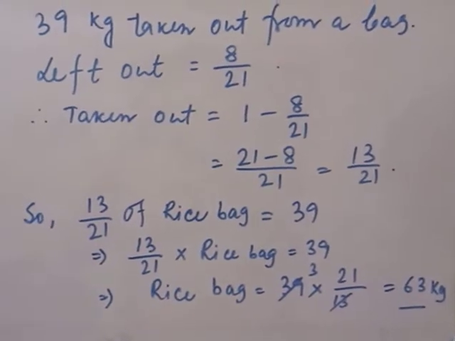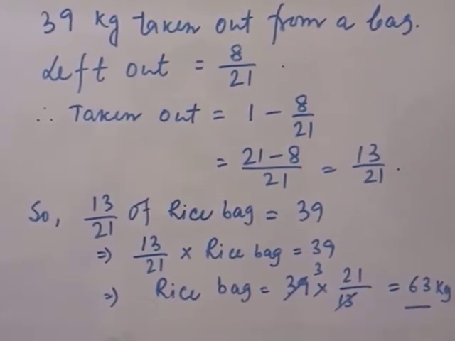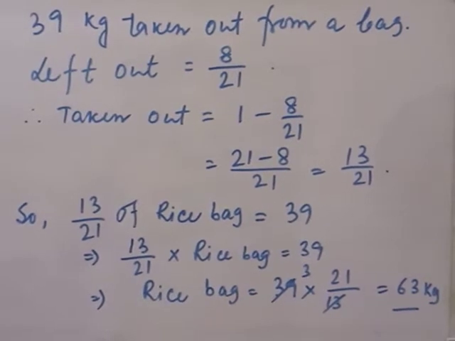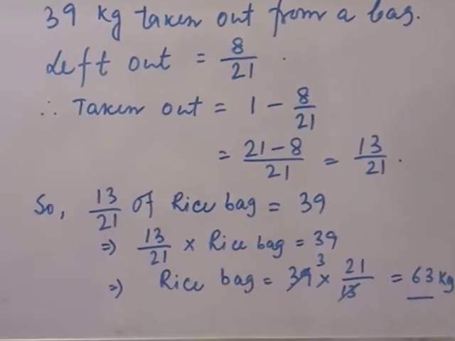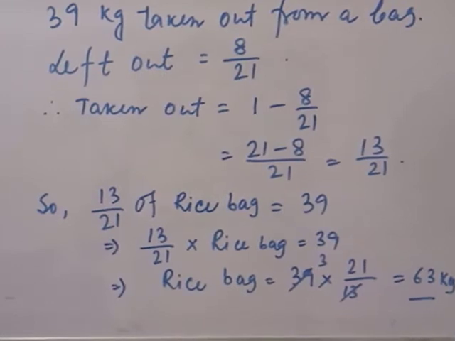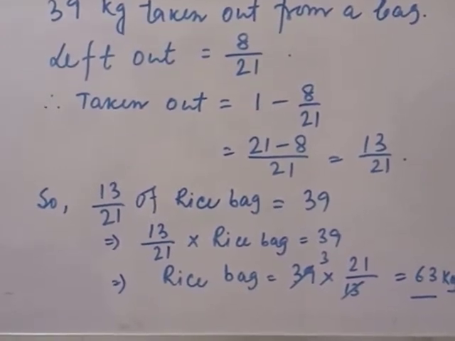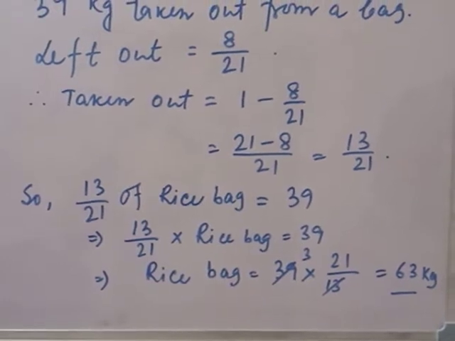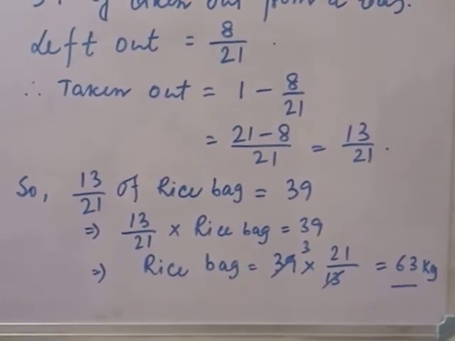So 13 by 21, that means 39 kg, is the taken out portion. So 13 by 21 of the rice bag equals 39.